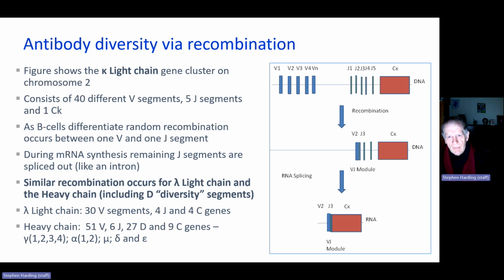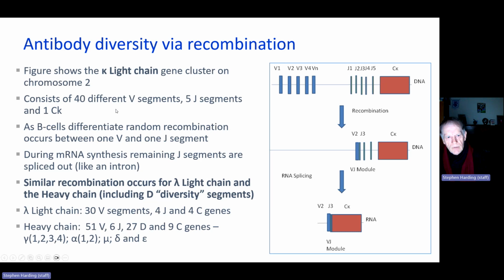heavy chain. And this is what happens. This corresponds to the light chain, but a similar sort of process happens with the heavy chain, but also including the diversity segments. So this shows the kappa light chain gene cluster on chromosome 2.